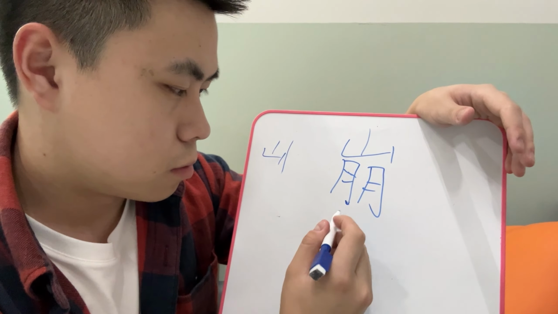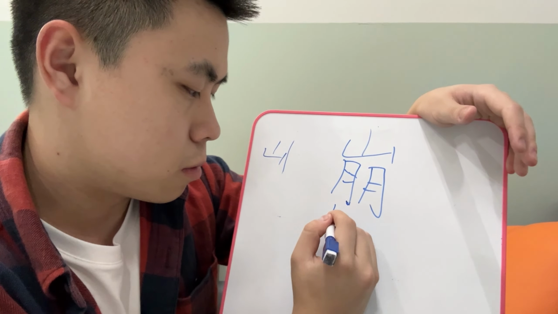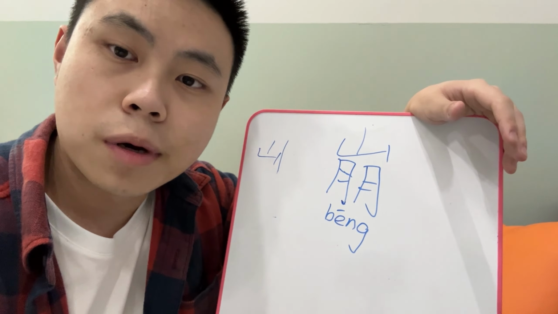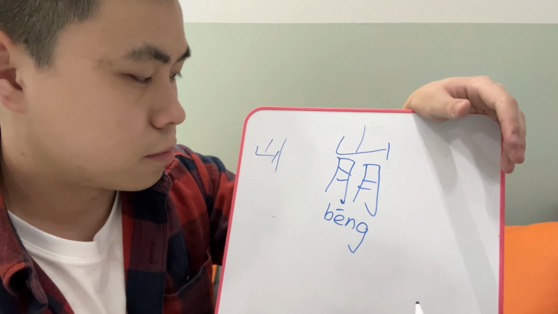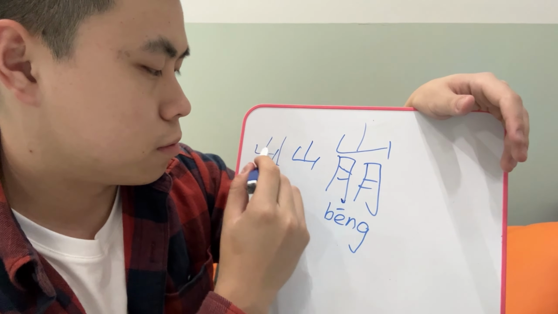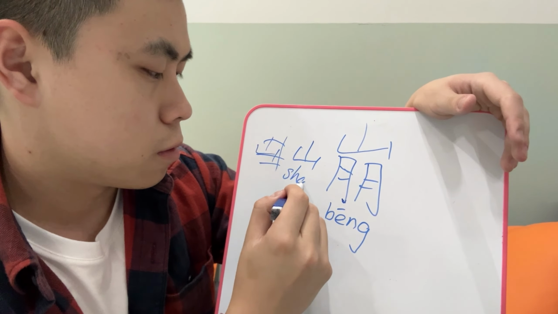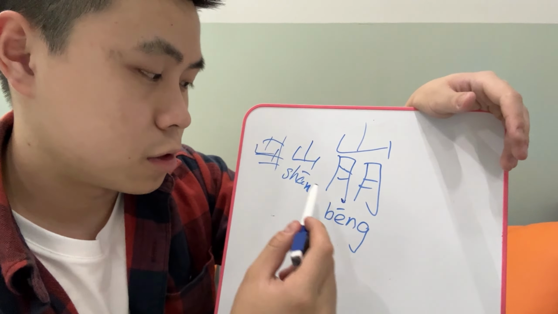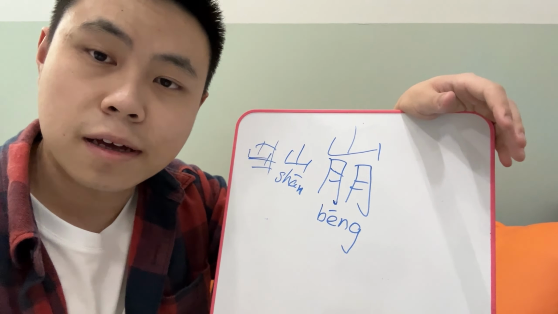Now you know it's pronounced beng. And this is mountain, shan. So the term is 山崩. Okay.